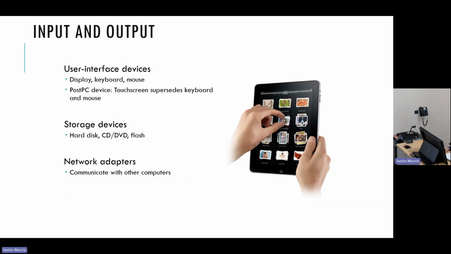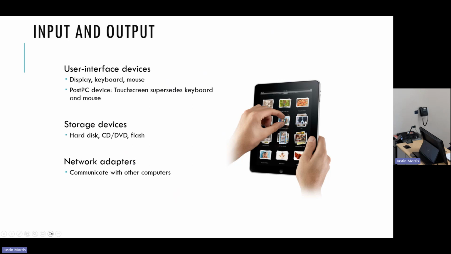Right. So we can start looking at some devices. We have user interfaces that are part of the device for input and outputs. You have displays, keyboard, mouses.